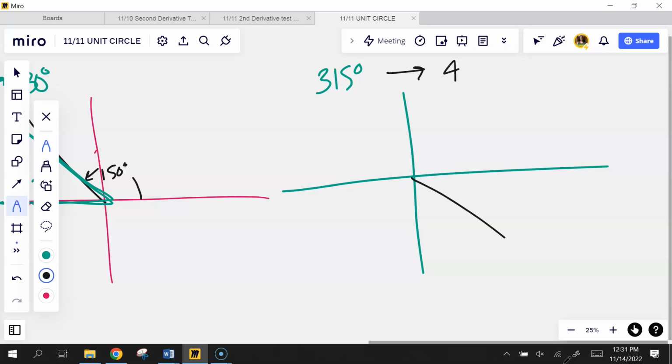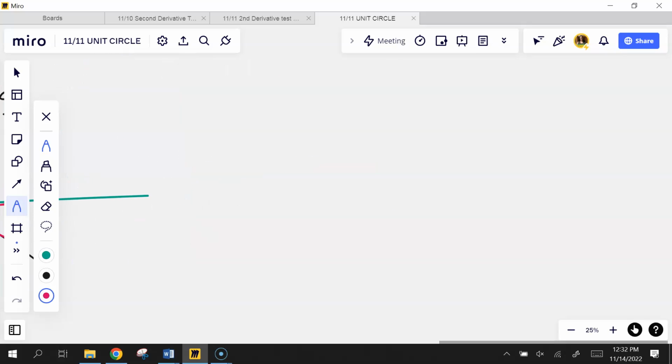It is 45. Okay, all the way around is 360, right? From here to here is 315, right? But my reference angle is here. So what's left? 45.